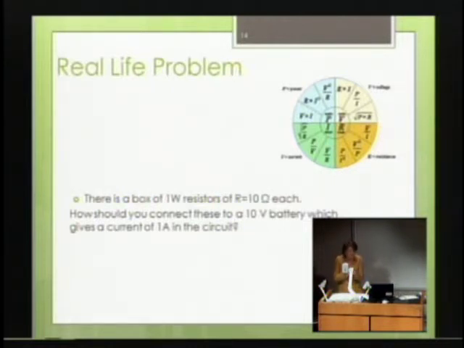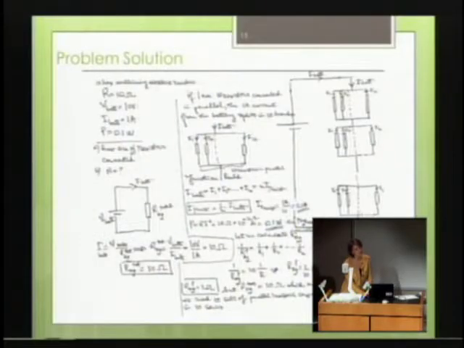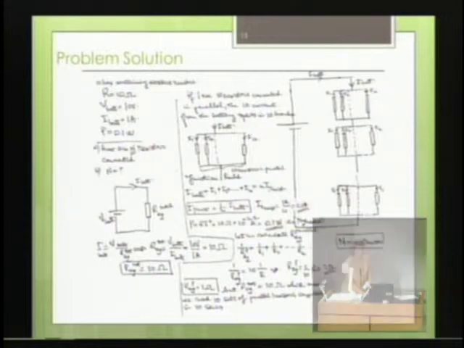Because you have 10 ohms for each resistor, but the battery gives 1 amp. So what would be the current through each resistor? You have this posted on Moodle, right? And you can think of it. This is the problem, and here is how you solve the problem, right?